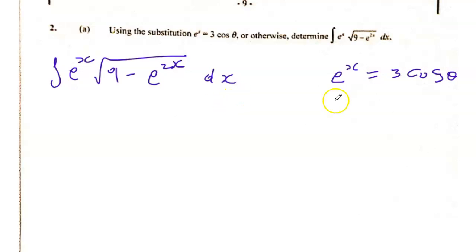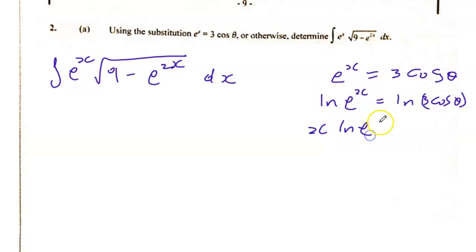Now, one thing we can do is take logs of both sides. So ln e to the x equals ln of 3 cos theta. So ln e to the x is x ln e, and we know ln e is 1, right? So x equals ln of (3 cos theta).